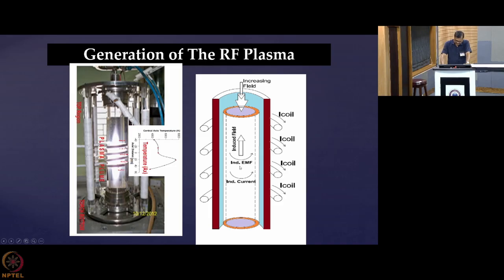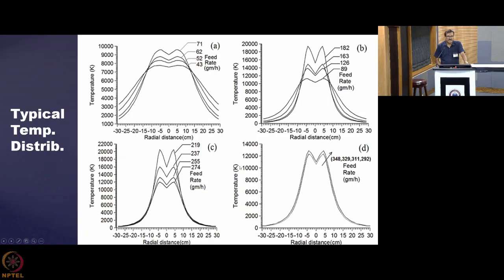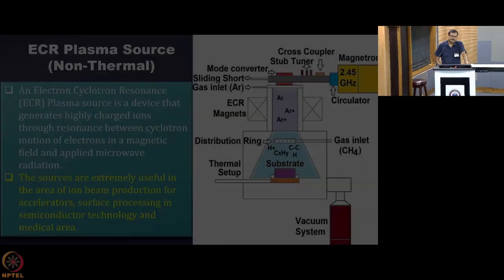So at the center, you always see a dip in the temperature. If you are using a very small diameter, then this dip may not be that significant. But if you are using a quite large diameter tube, then in the central region you can expect a dip in the temperature. These temperatures we have measured using the Abel inversion technique.